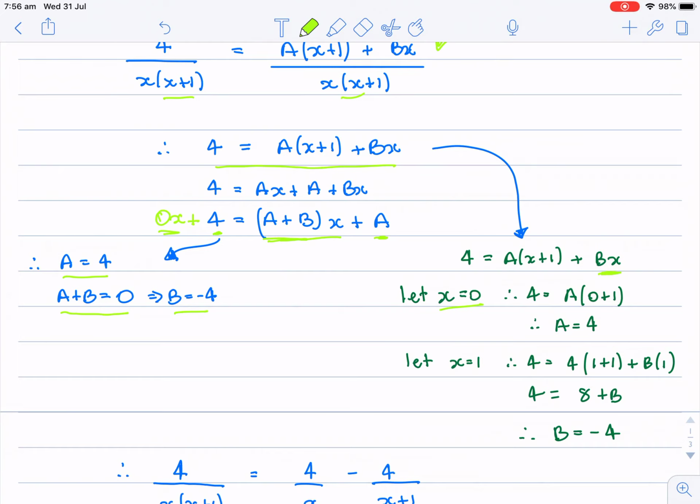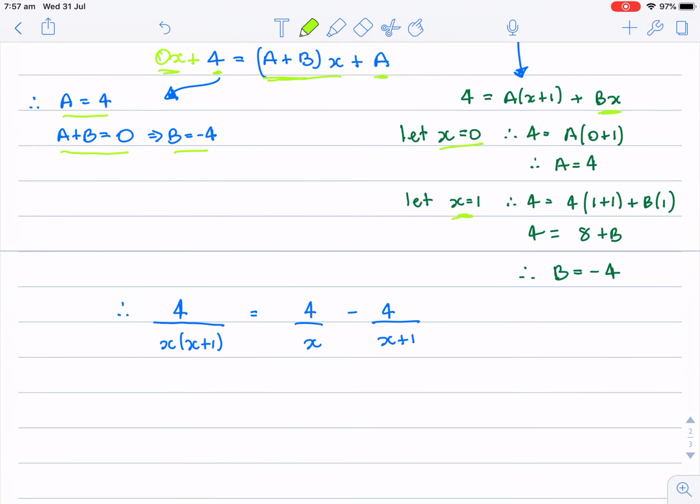So that just gives me a times (0 plus 1), so a would be equal to 4. And then I'll usually let x be equal to 1 or minus 1. Minus 1 probably would have been a little bit better in this case because it would have cancelled out the first one there with a, but that's okay. It wasn't a hard equation to solve, and I come down to b is equal to minus 4.